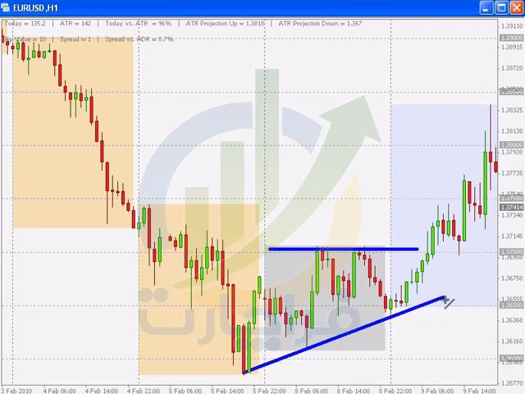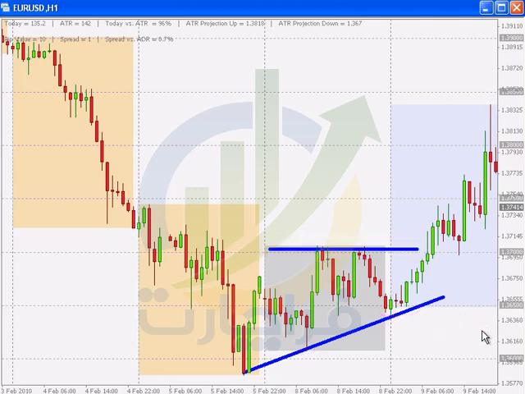Remember flat top triangle, guys? Now we obviously get the breakout to the upside. We are getting the horizontal line and the higher swing lows pointing in the direction of the breakout.